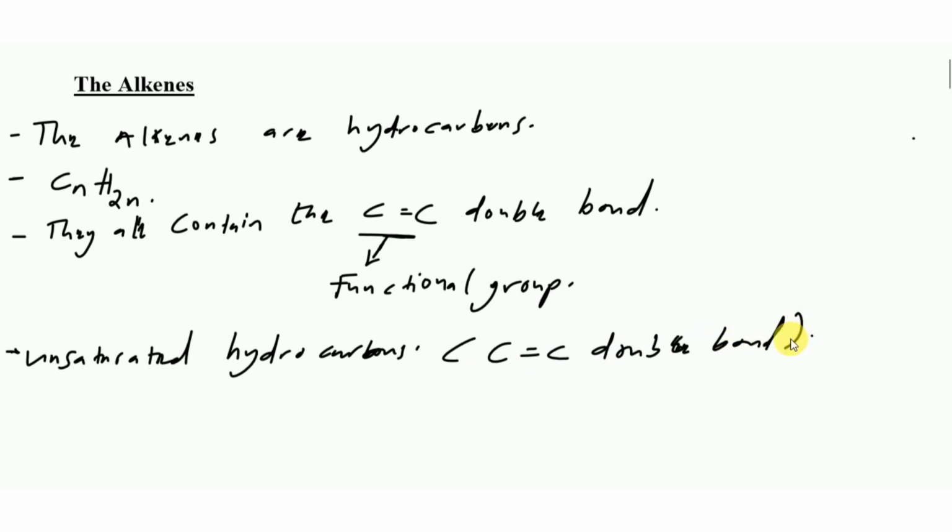And if you remember, we said that the alkanes are saturated hydrocarbons, because they are formed of a carbon-carbon single bond.